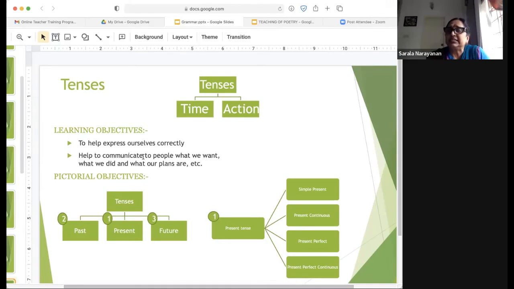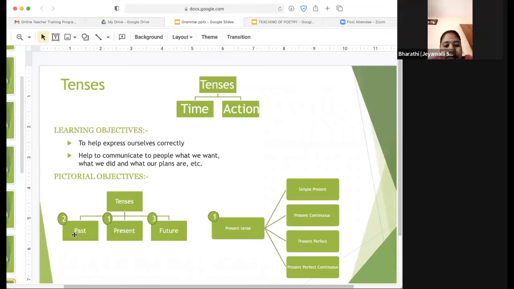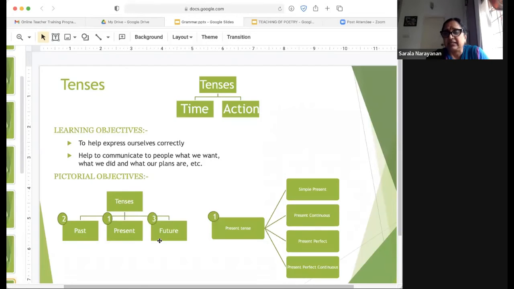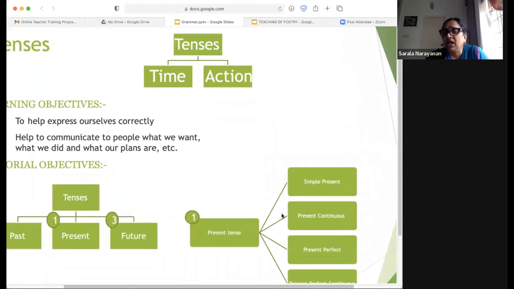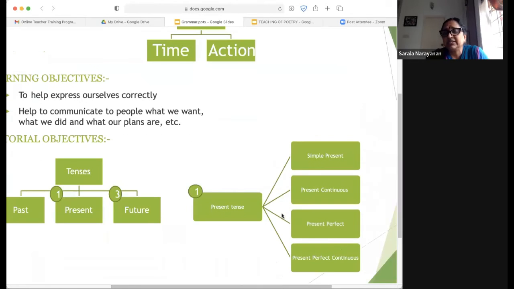So how these tenses can be divided, I've just shown you in a picture. Tenses: first is the present tense, then past, then future. Each tense is subdivided into so many others. I have enlarged it. Can you see it?